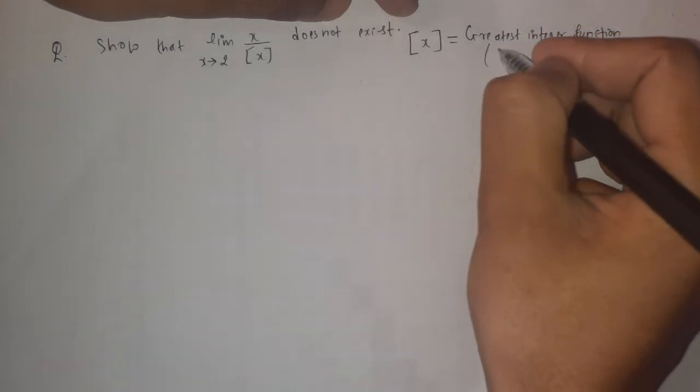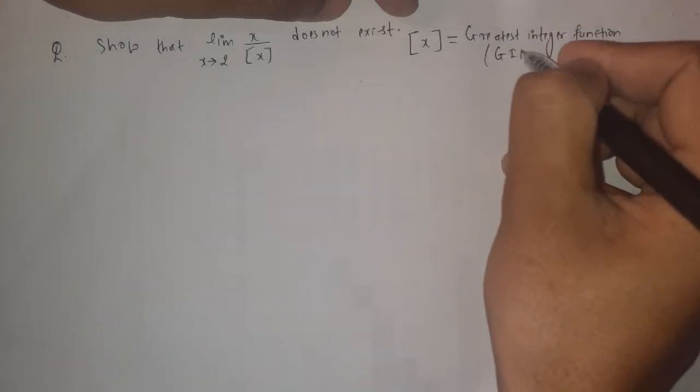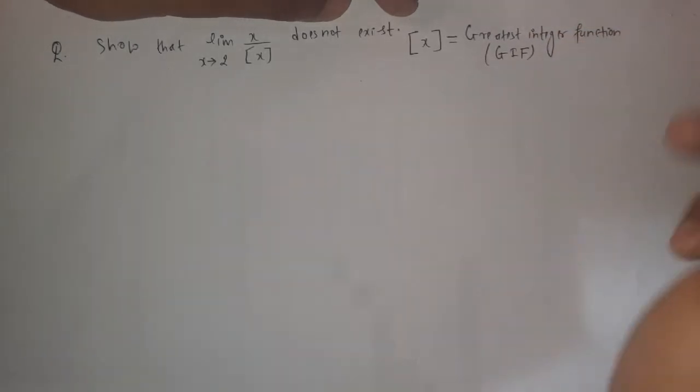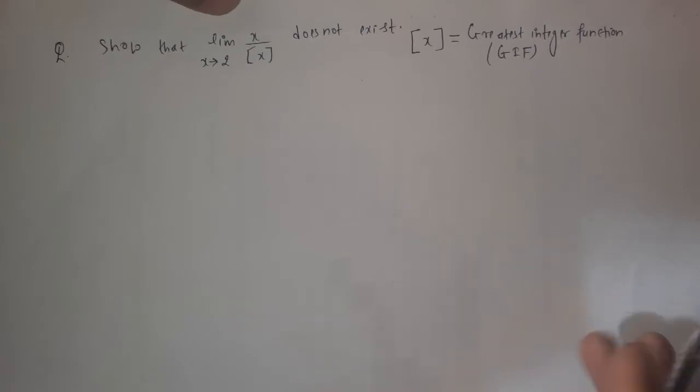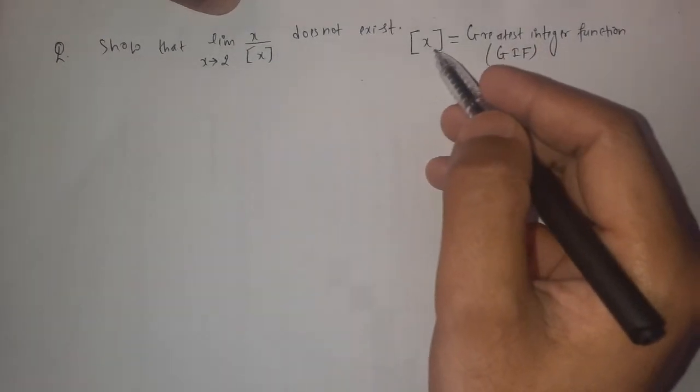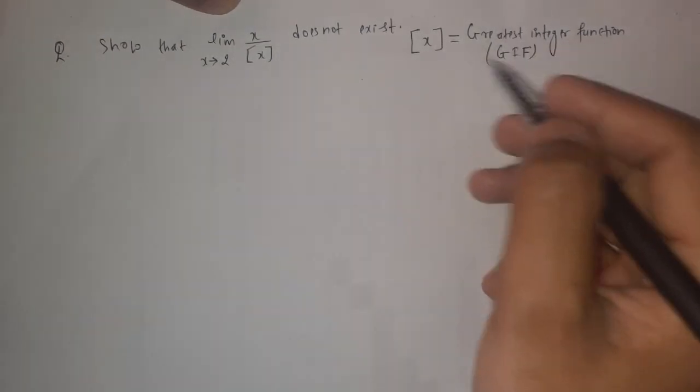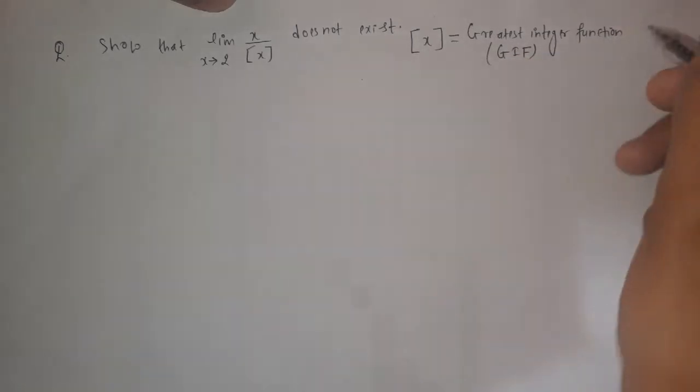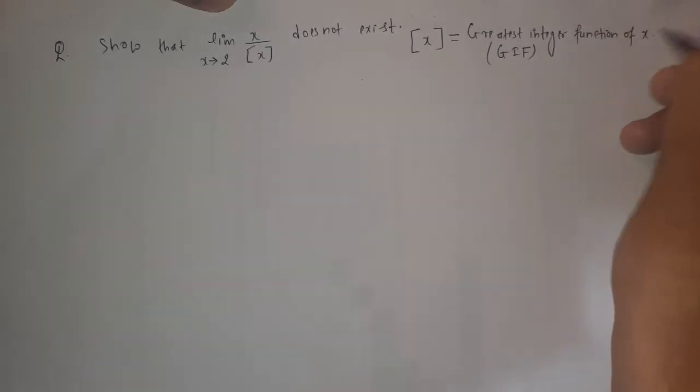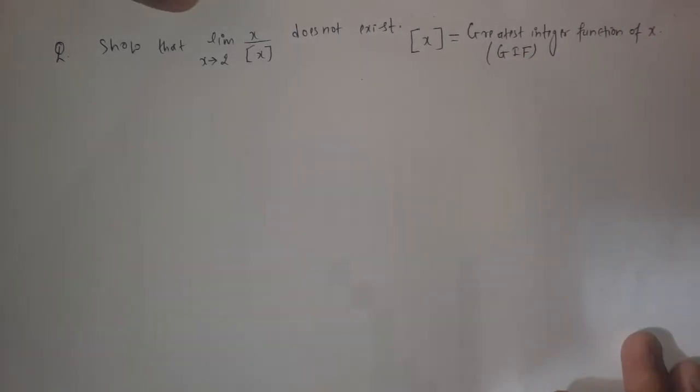Let's shortly write it GIF. GIF means greatest integer function. X inside the square bracket represents the greatest integer function of x.